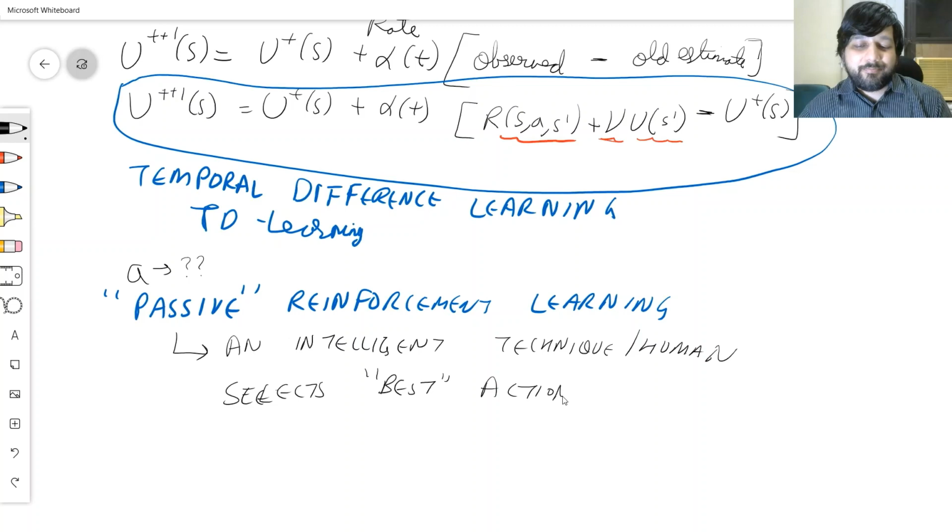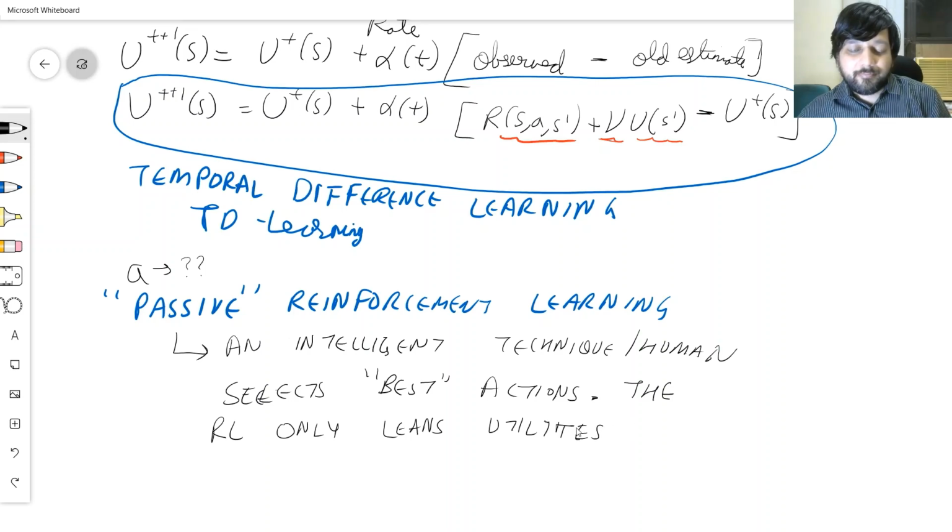So action selection is done by someone intelligent, and the reinforcement learning only learns utilities for the given actions.